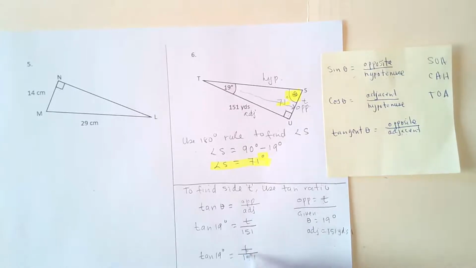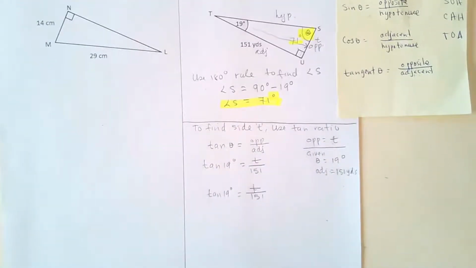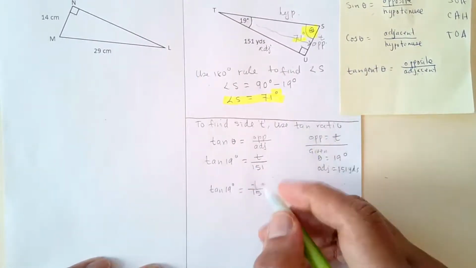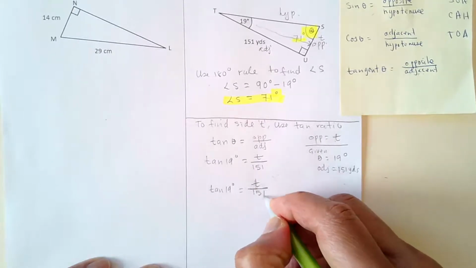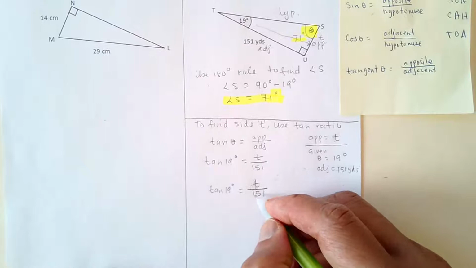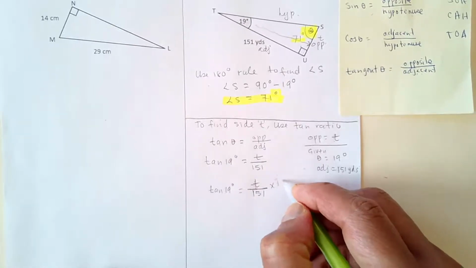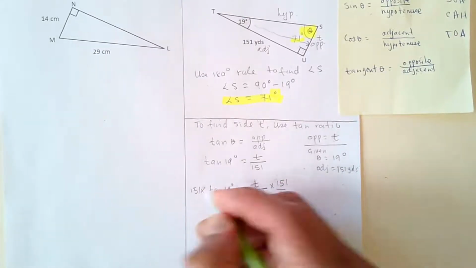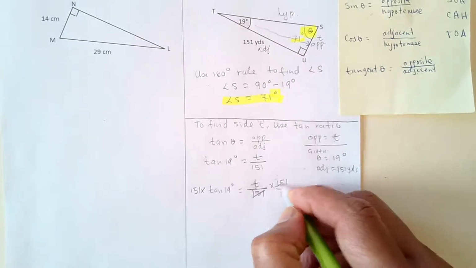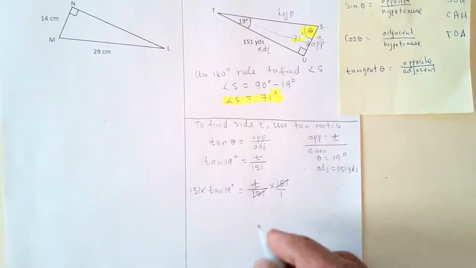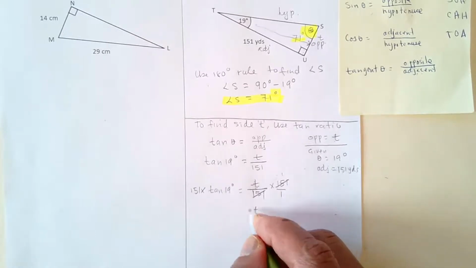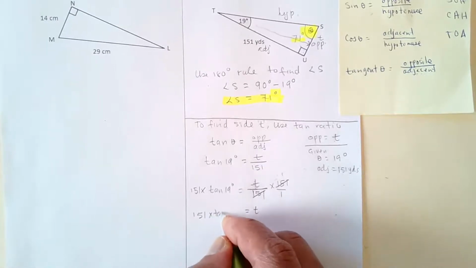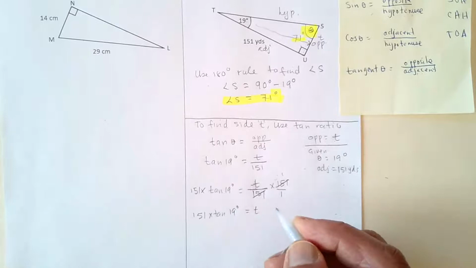Now I want T by itself. So we multiply by the reciprocal of this, 151 over 1. So I must do exactly that on the left side. So 151 divided by 151 is 1. So we're left with T is equal to 151 times tan 19 degrees.